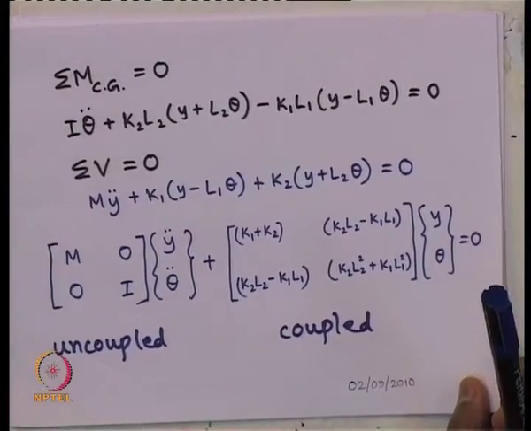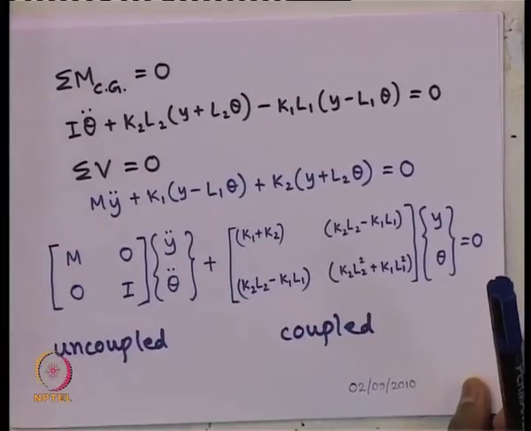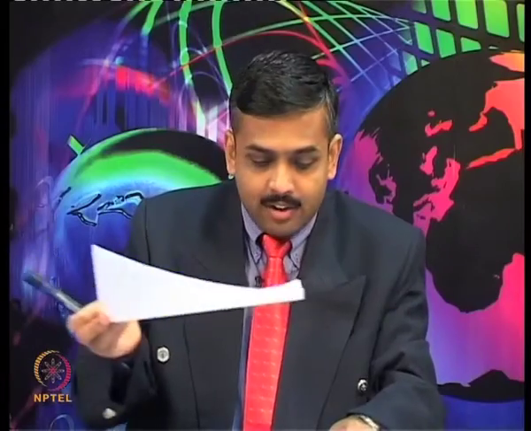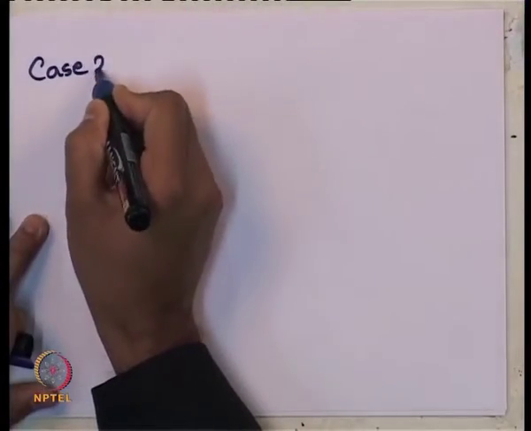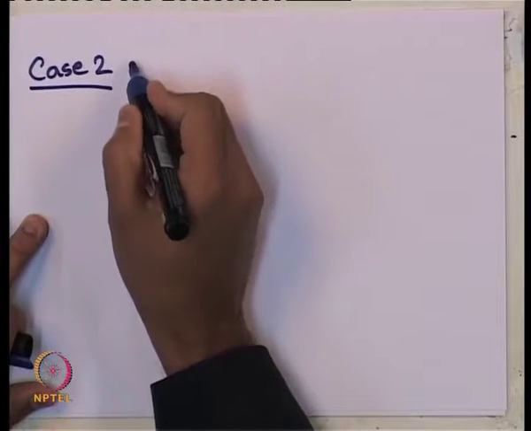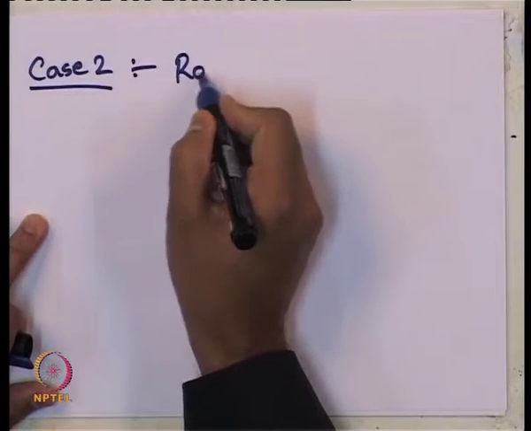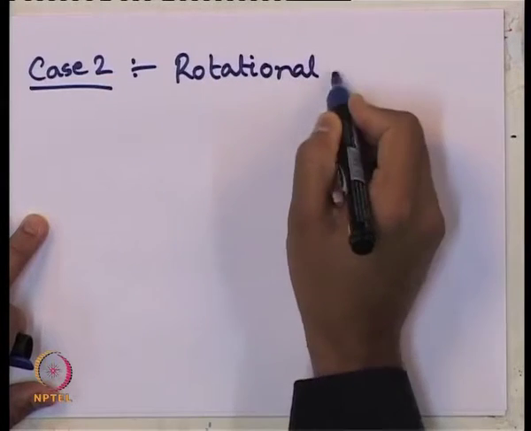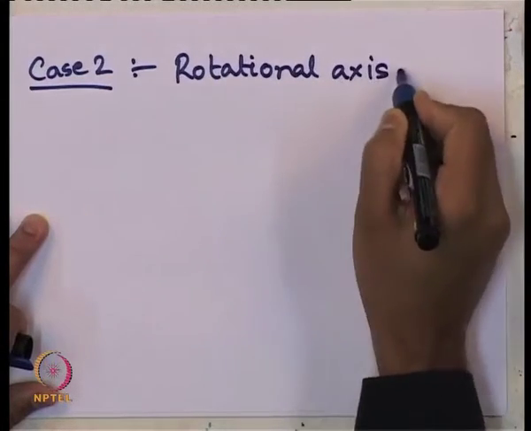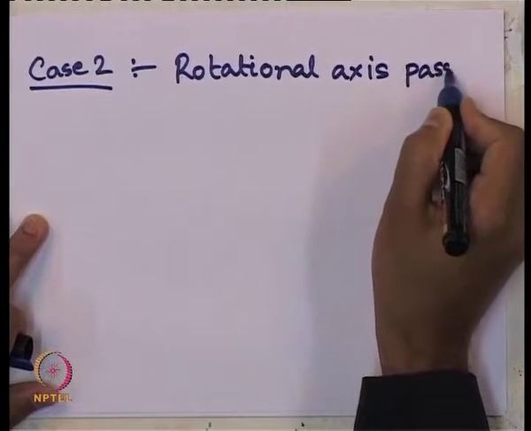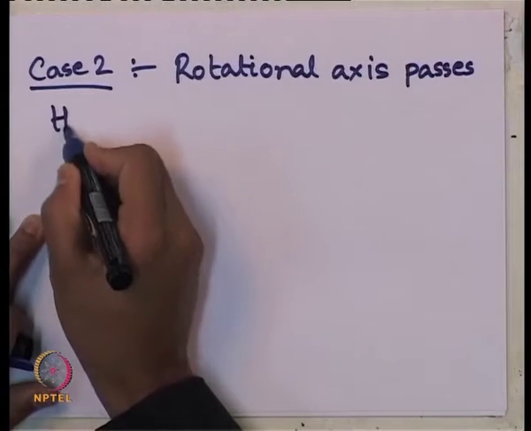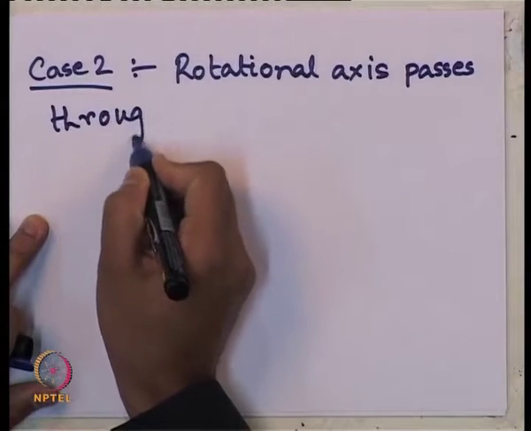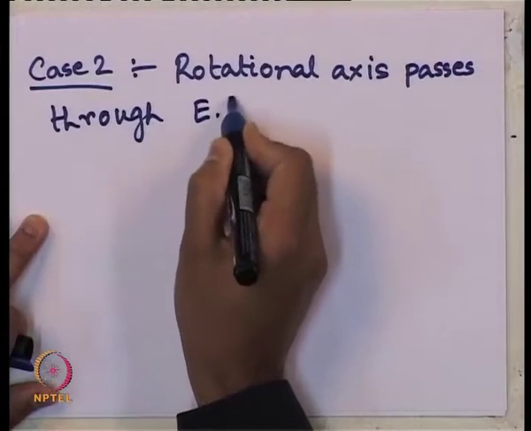Now, let us see what other possible cases we can address for the same problem. So, in case 2, let us consider that the rotational axis passes through the elastic center.